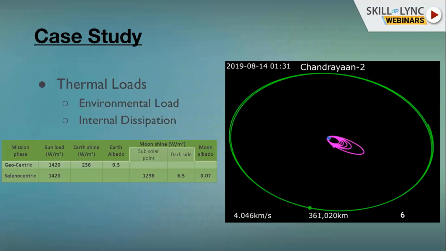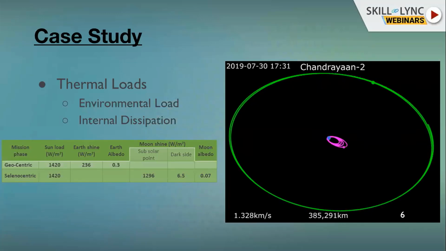We can see the pink lines show the orbits of Chandrayaan 2 around the Earth. In the center, the blue dot represents the Earth.